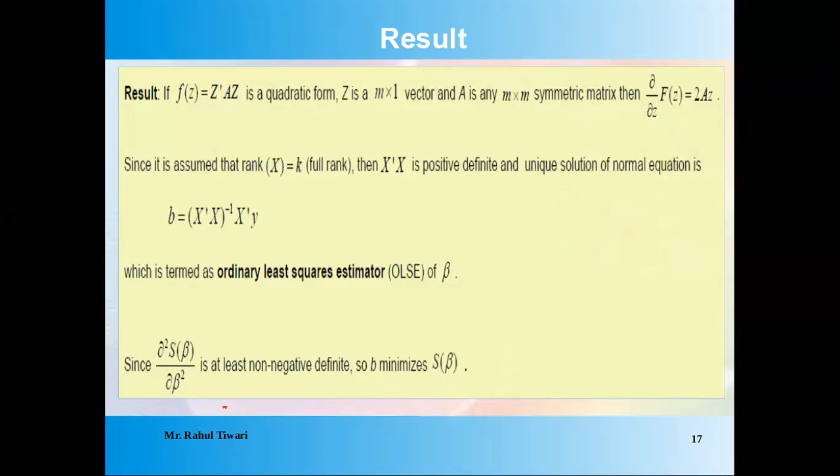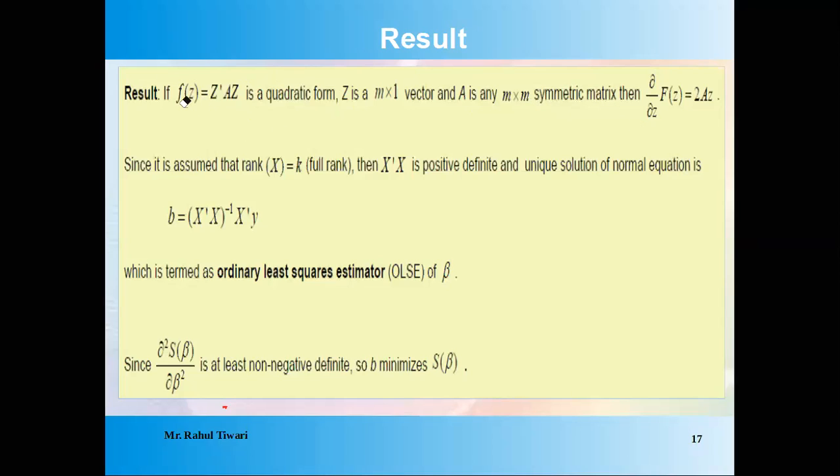If we have any function, any quadratic form, this is called a quadratic form. So f of z is equal to z prime az is a quadratic form, where z is an m cross 1 vector and a is any m cross m symmetric matrix.